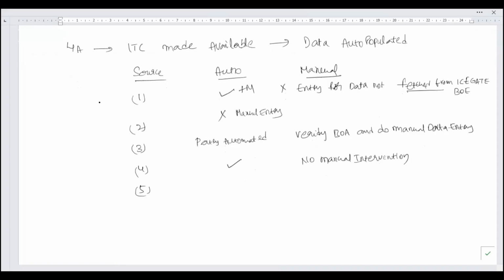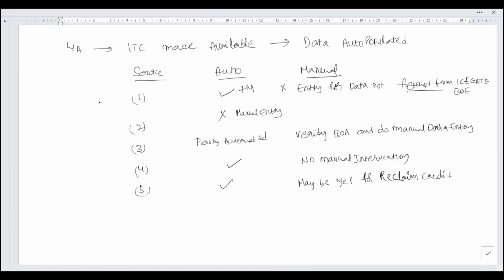Now, 4A5 is automatic. Manual, maybe yes, for reclaim credit. Like I have parked in 4B2 in any of the months, and I want to reclaim that particular credit. I'll do a manual entry.